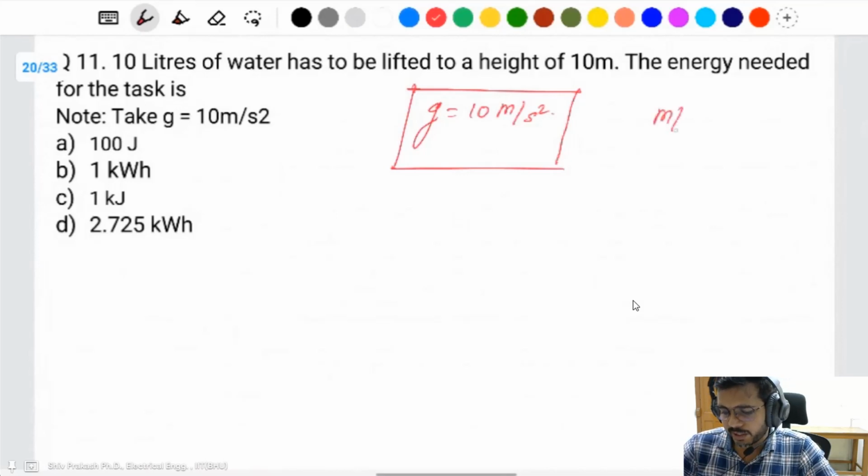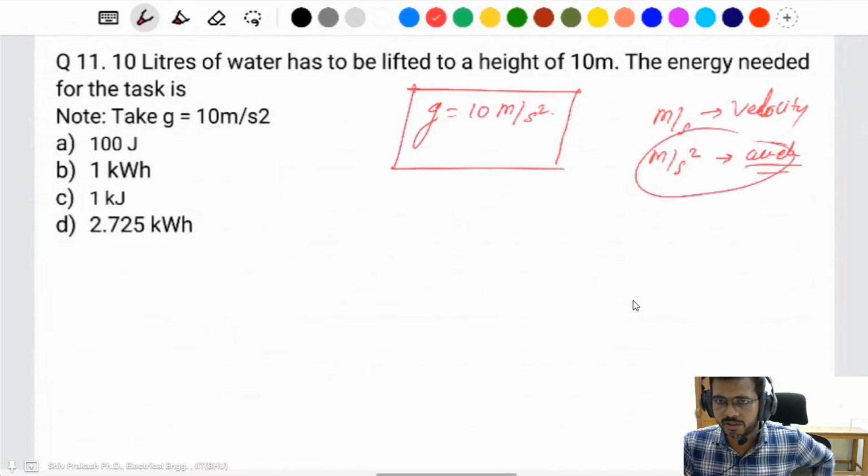Meter per second is velocity, but meter per second square is acceleration. Gravity is measured as acceleration, not velocity, not force.